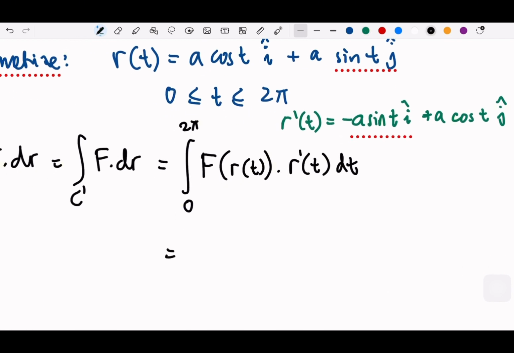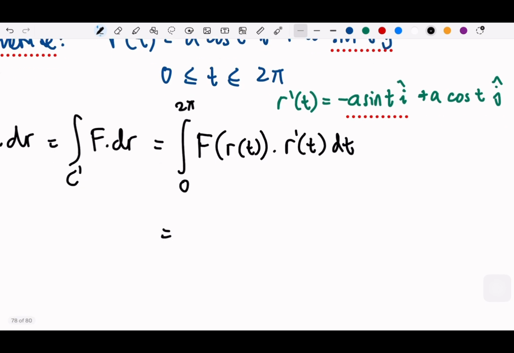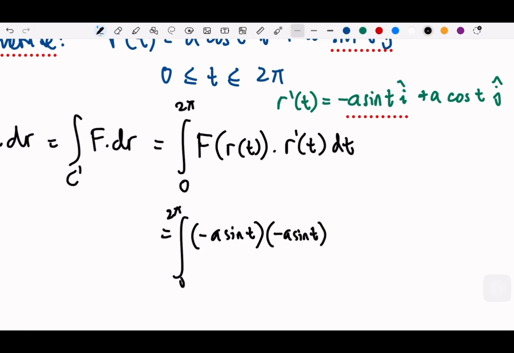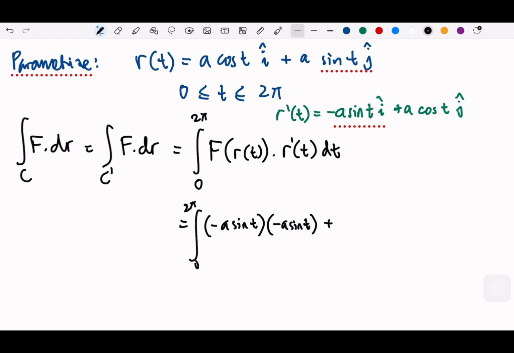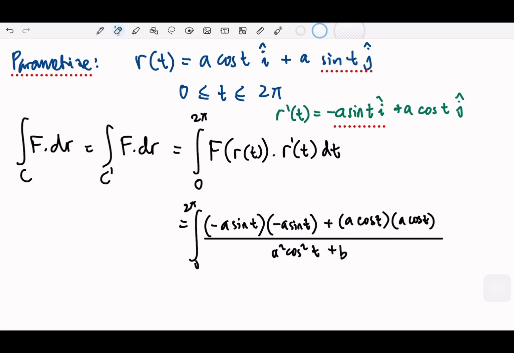So apply the r of t, substitute, and we get y substituted with this, and then plus a squared cosine squared t plus a squared sine squared t dt.